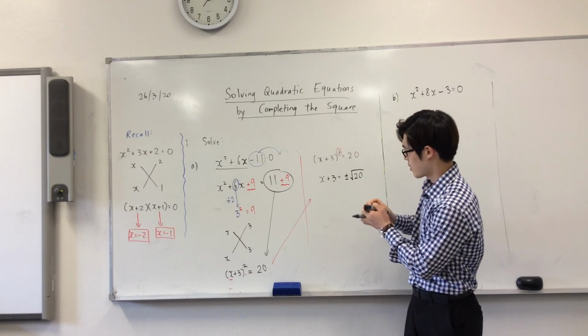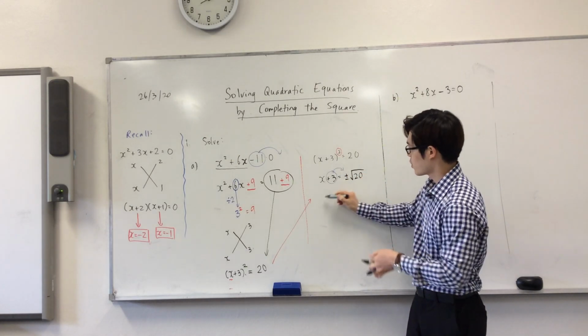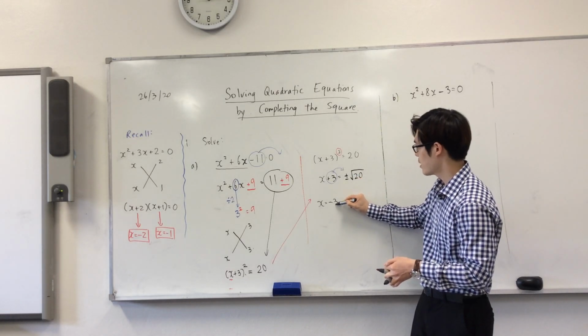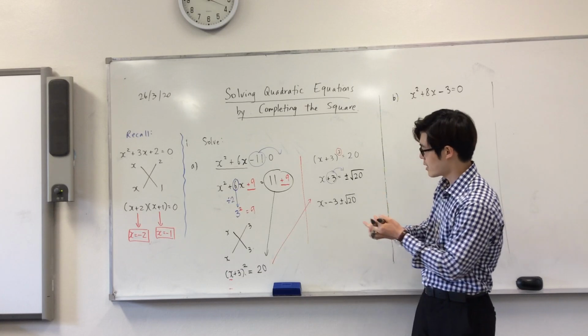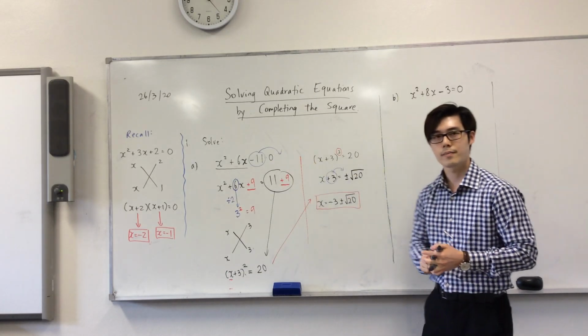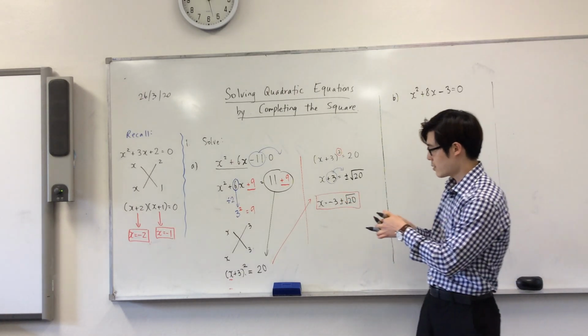Now finally, bring this plus 3 to the other side, which will leave x by itself. So that becomes minus 3 plus or minus root 20. This is your solution to that quadratic equation. Your solution here can be written in two separate answers.